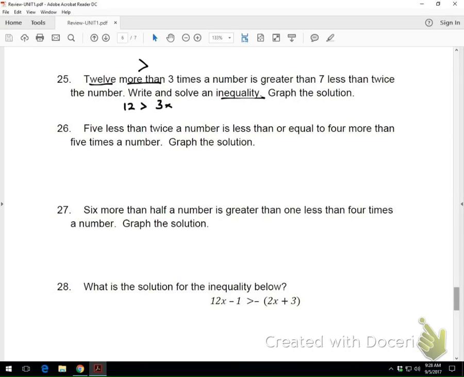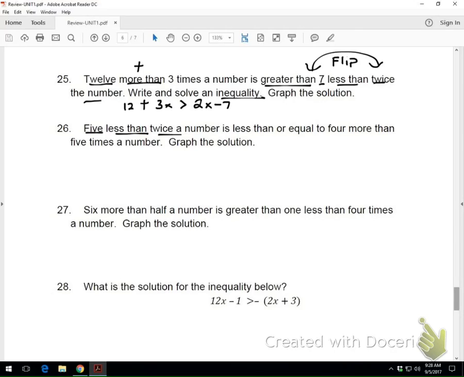More than is supposed to be plus. 12 plus 3x is greater than, so that's where you get that sign. 7 less than twice the number, so 2x minus 7. Remember, less than is a flip word. So you have to flip everything over here. So then if it says graph the solution, you would know how to move the letter, right? Yes? Okay, so let's look at 26.